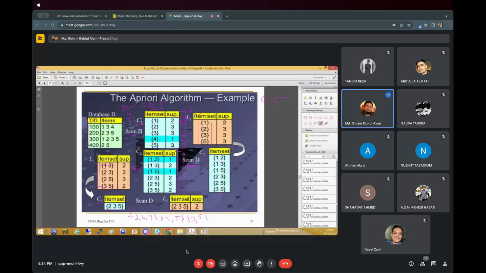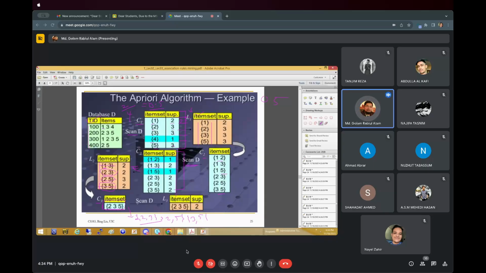Now we have to check whether these are in our L2 or F2 or not. 2 3 is there, 2 5 is here, and 3 5 is here. That means all the subsets belong to our L2. It means we should not prune, so we should continue with this.